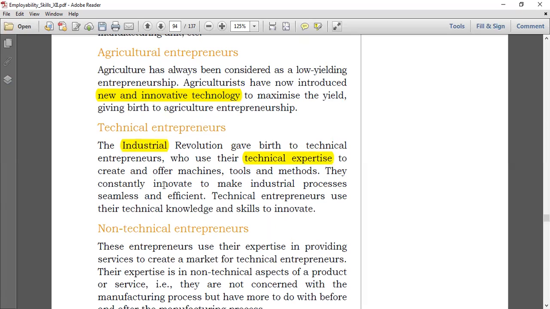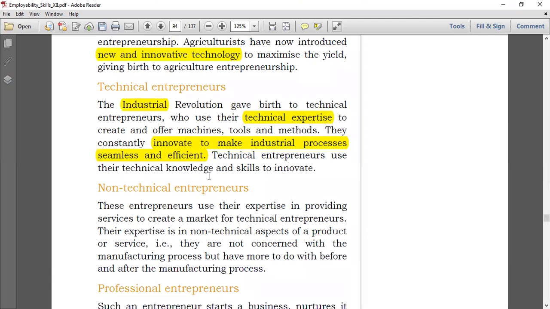They keep on innovating themselves to make the industrial process seamless and efficient. So innovation is required, and with this innovation, whatever the industry is creating, the work can be done in an effective and efficient way.